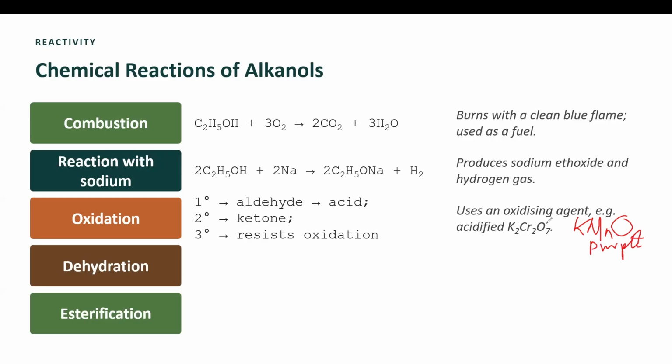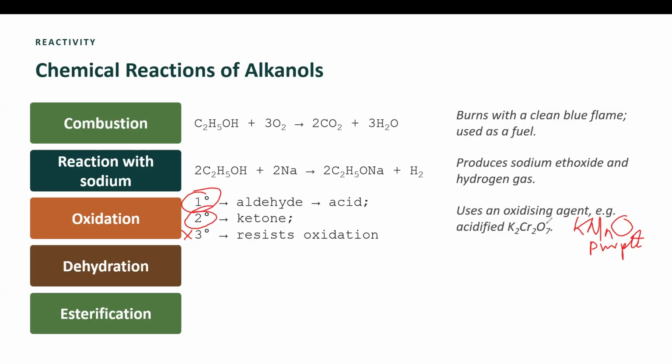If you put it in primary alkanol, it will turn colorless. That means the primary alkanol is oxidized. If you put it in secondary alkanol, it will also turn colorless, showing that the secondary alkanol is oxidized. But if you put it in tertiary, nothing happens to it. It remains purple. That means tertiary alkanol did not get oxidized.